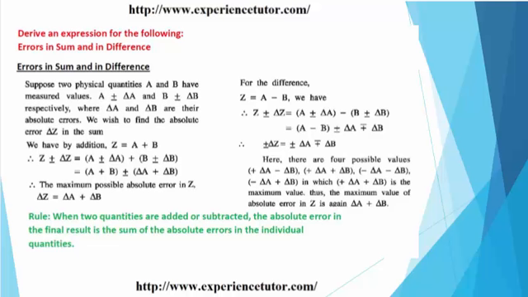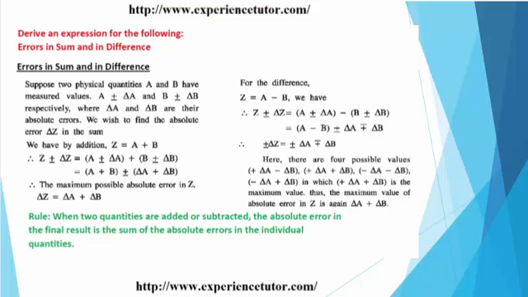For the difference, Z = A − B, we have Z ± ΔZ = (A ± ΔA) − (B ± ΔB) = (A − B) ± ΔA ∓ ΔB. Therefore, ±ΔZ = ±ΔA ∓ ΔB.